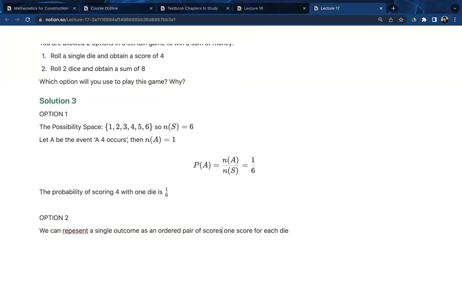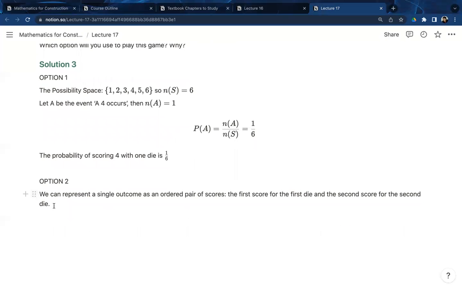So the first score is the score on the first die. So how many outcomes do you have, right?